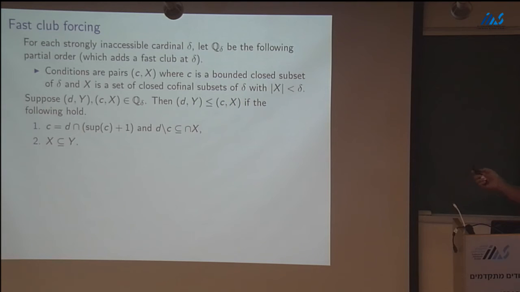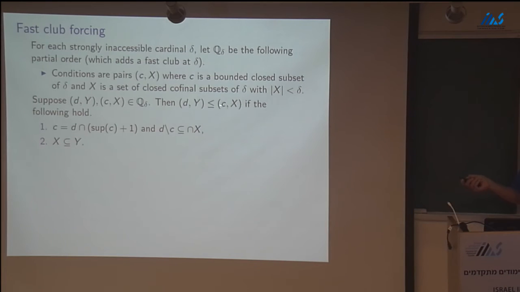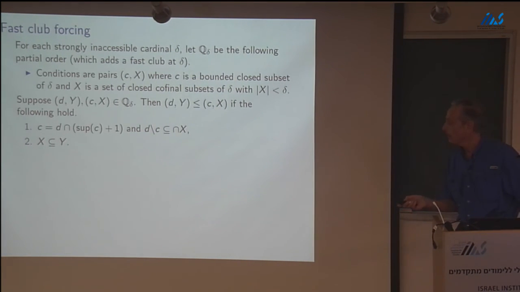So these are the constraints. This is an initial segment of our final fast club, and you have to stay inside all of these closed sets as you lengthen C. And it's easily checked that this is less than delta closed.